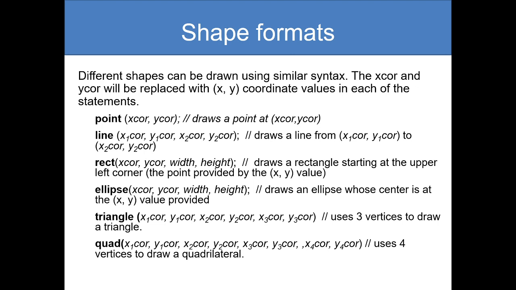A quad draws a quadrilateral, which is different from a rectangle. Rectangles can be squares, rectangles can be rectangles. A quadrilateral does not have to follow the rules of a rectangle. And so we tell it the different locations. This might be good if you're trying to draw something that's not a rectangle or a square, and you're just trying to figure out, okay, how do we make this look good?